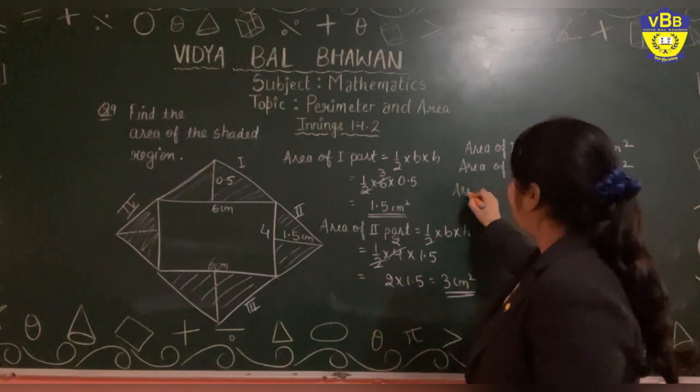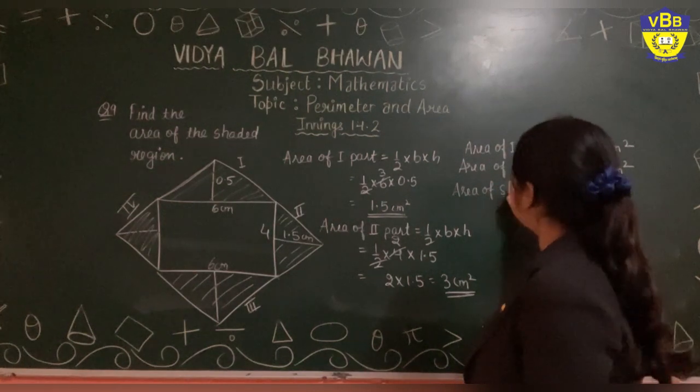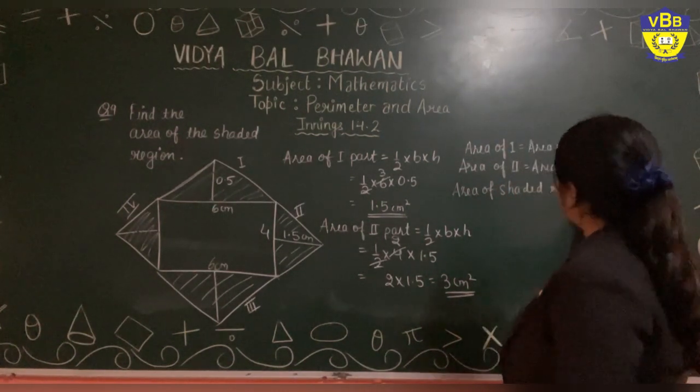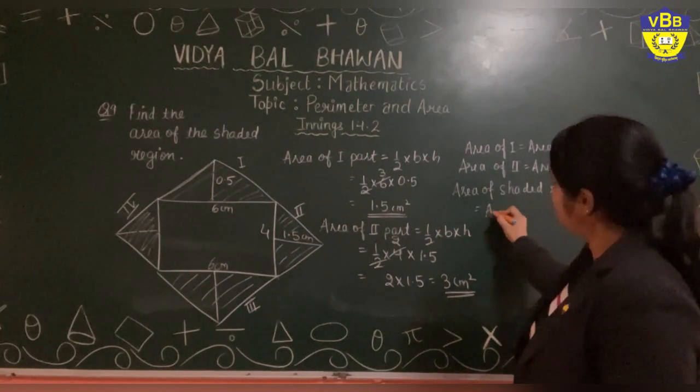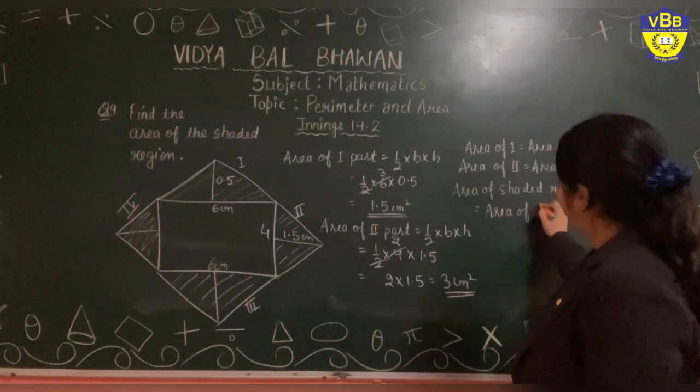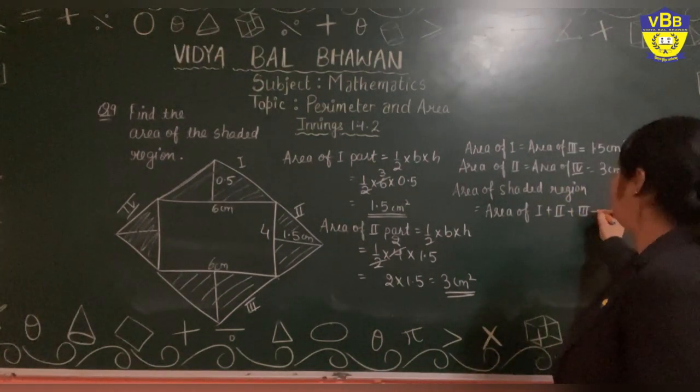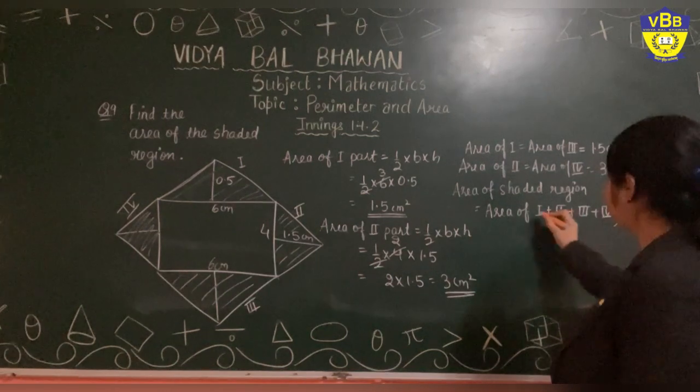So the area of shaded region will be equal to area of first plus second plus third plus fourth, all four figures.